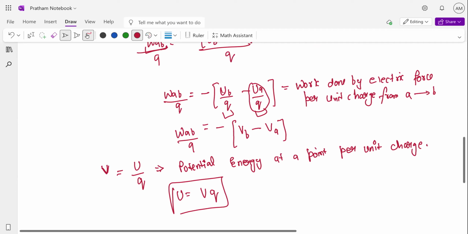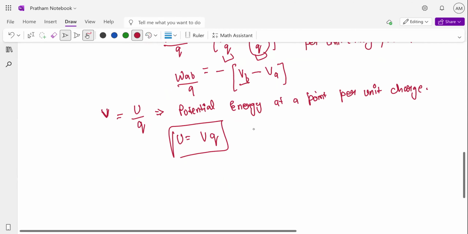Now here, if you see the formula, I have VB minus VA. So whatever the formula you have, it is with respect to B or A. Let's say my initial point is infinity.